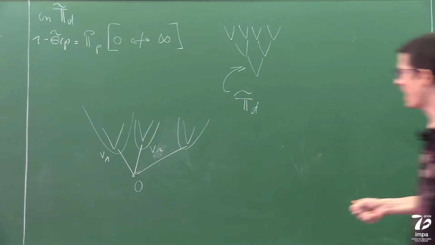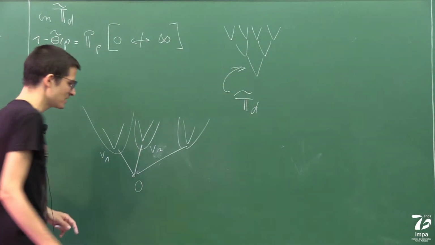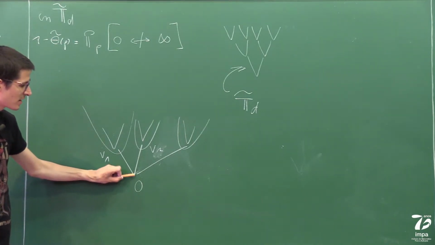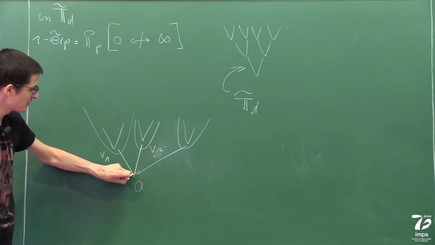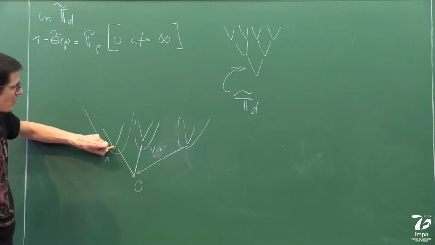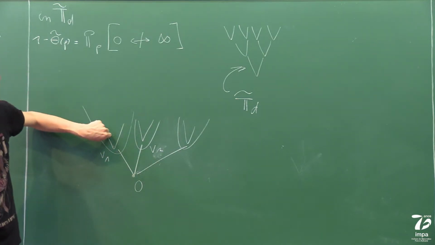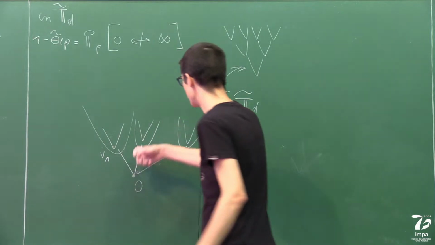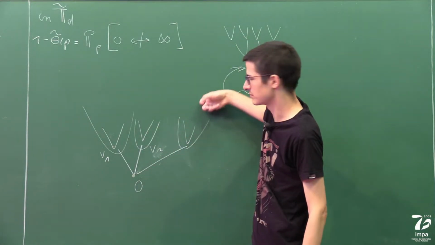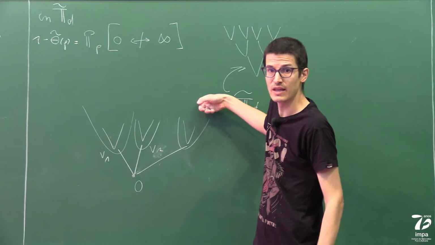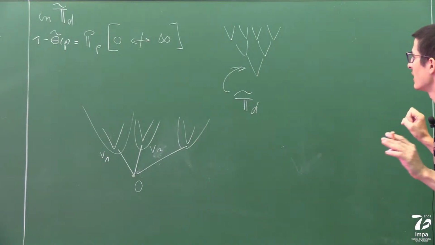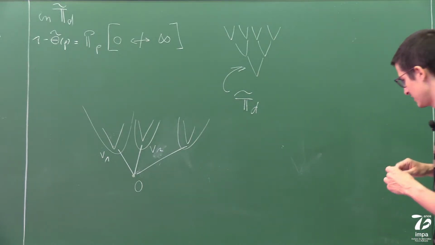If I have a path going from 0 to infinity, then it must be either a path that goes to V1 and then only uses this subtree, or a path that goes through V2 and only goes to this subtree, or a path that goes to V3 and only goes to this subtree. If I have none of this happening, I am sure that 0 is not connected to infinity.